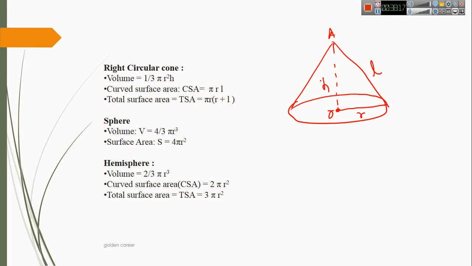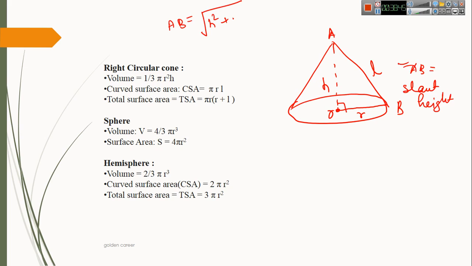So we add 2 pi r square. So we have 2 pi r in common. Total surface area becomes this. So we are done with the right circular cylinder.